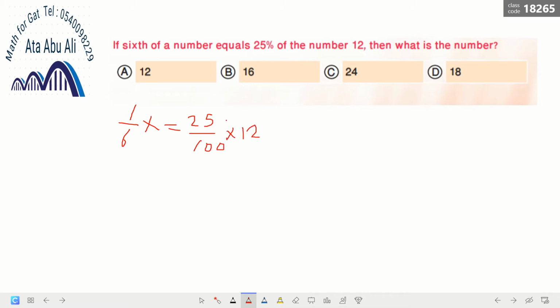If we simplify, 25 by 25 is 1, and 100 by 25 is 4. That means 12 divided by 4 is equal to 3.